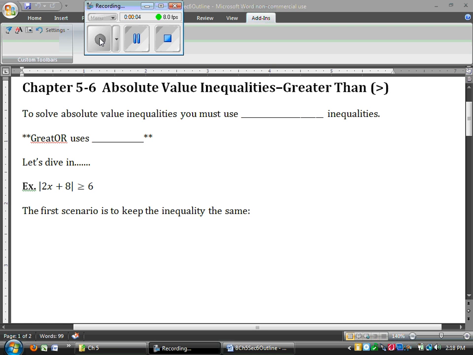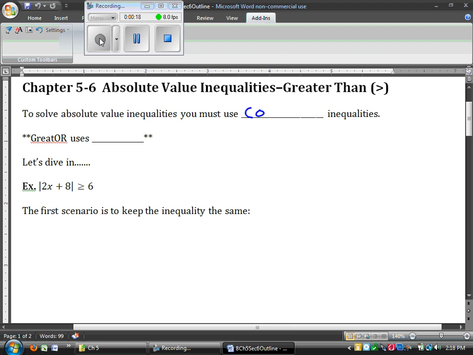Chapter 5, Section 6, talking about absolute value inequalities, only this time we're going to look at greater than inequalities. Just like with less than inequalities, we have to use compounds, the intersections and unions, ands and ors, in order to solve absolute value inequalities.